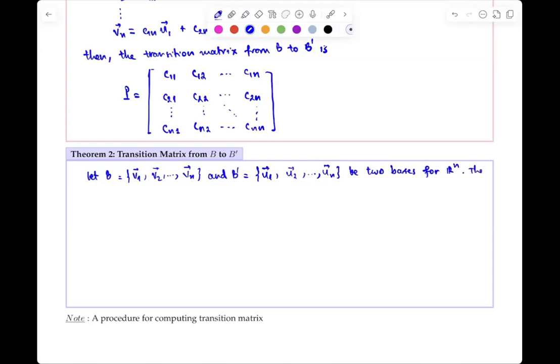Then the transition matrix P inverse from B to B prime can be found using the Gauss-Jordan elimination method.